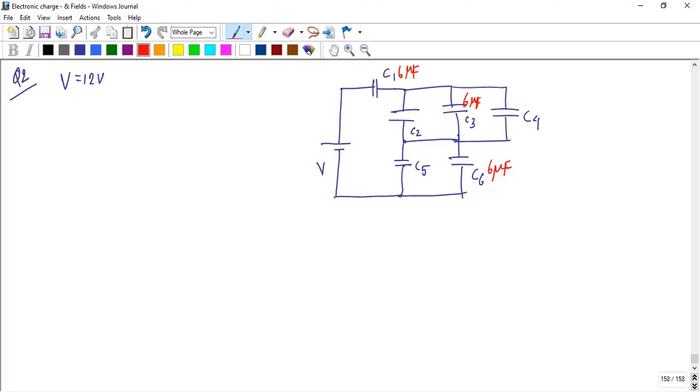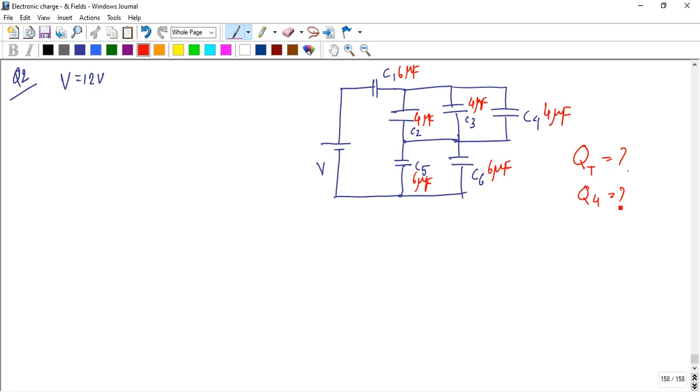C2, C4 and C5 are given as 4 microfarad each, and V is 12 volt. So calculate the total charge QT and calculate Q4.